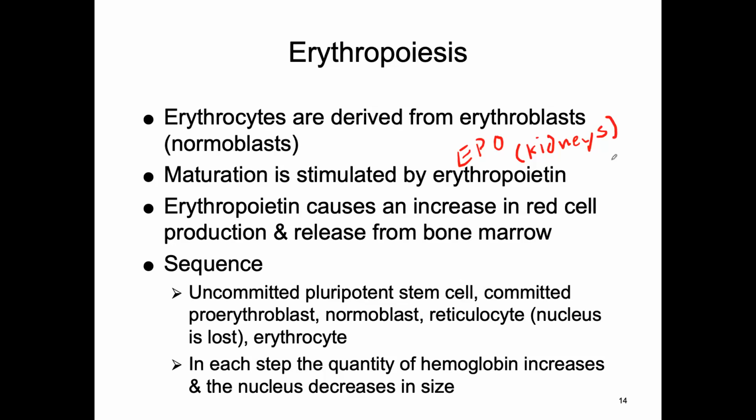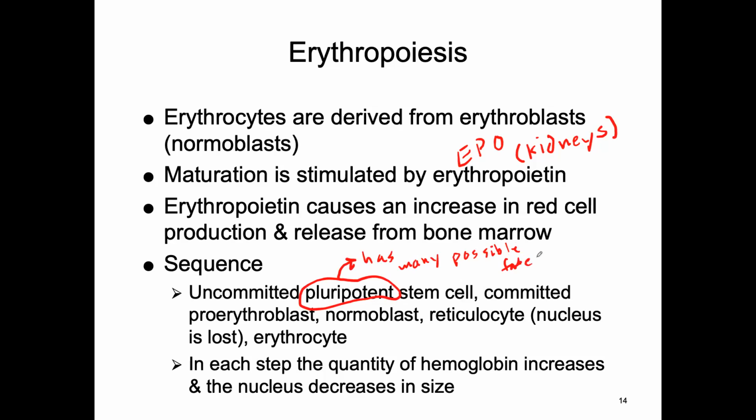We start out with an uncommitted pluripotent stem cell. Pluripotent. There's another word. Okay. What does that mean? It means as many possible fates.